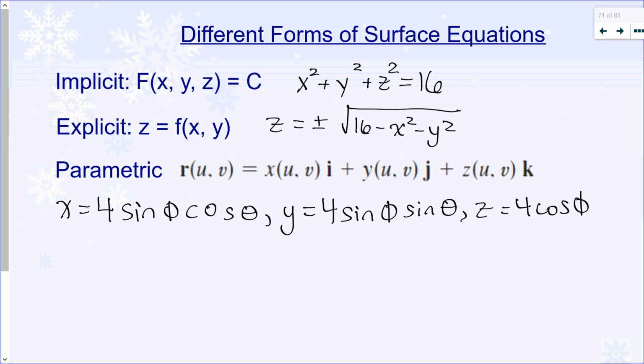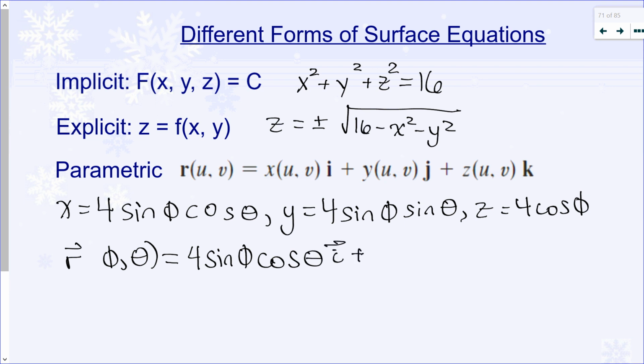The way this can be written is you can write them as the different parametric equations, or you could write it as just one big vector valued equation, r of phi and theta, equals 4 sine phi cosine theta i plus 4 sine phi sine theta j plus 4 cosine phi k.